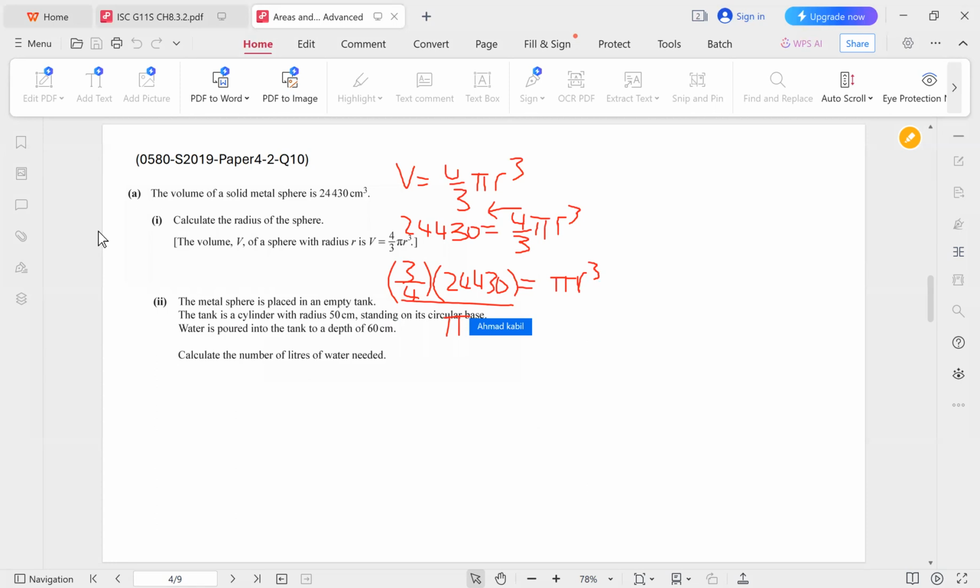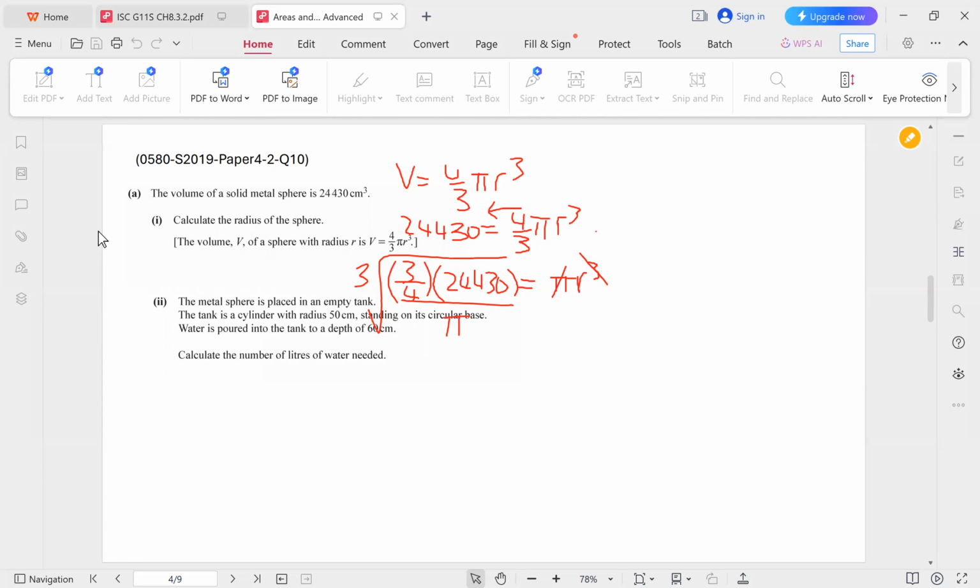And we take a cubic root in order to remove the pi and the power 3. So r is equal to the cubic root of this expression. So let's just use the calculator. We type in cubic root and then we use the fraction button. And in the numerator, we put 3/4 or just 0.75.